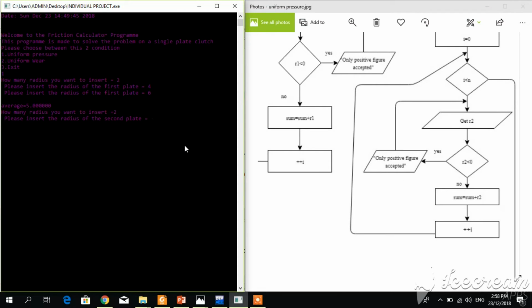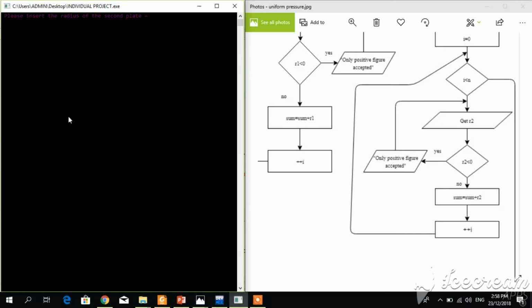What if I insert a negative figure? There you see, only positive figures are accepted, and it will go back to get the radius of the R2. Okay, now I insert 3, another one I insert 4, and we need to insert the axial thrust. Now we go to the continuity of this.